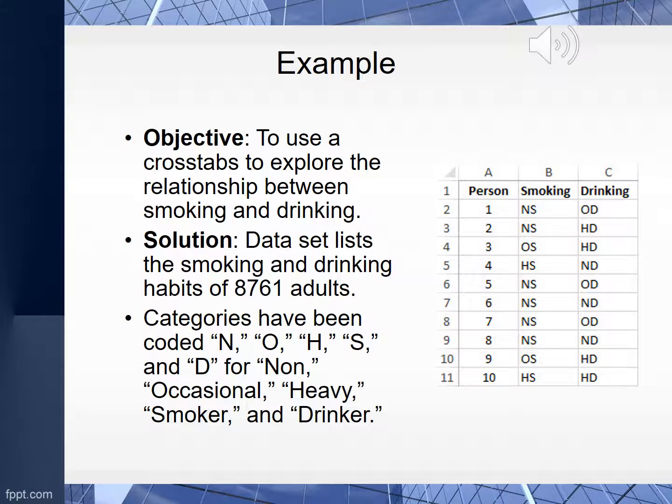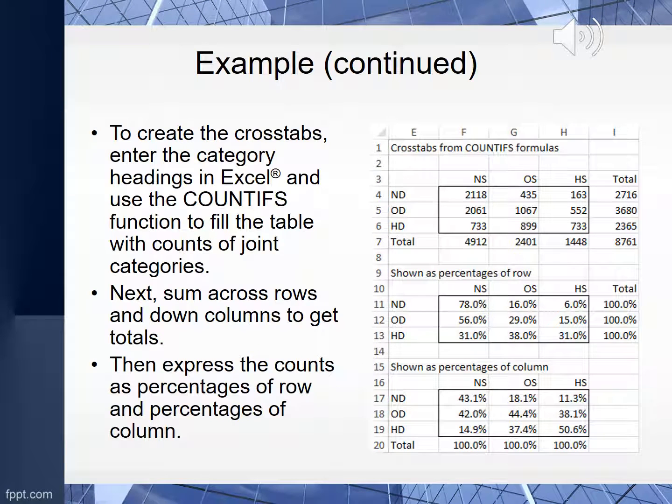Categories have been coded N, O, H, S, and D for non, occasional, heavy, smoker, and drinking. To create the crosstabs, enter the category headings in Excel and use the COUNTIFS function to fill the table with counts of joint categories. Next, you'll sum across rows and down columns to get totals and then express the counts as percentages of rows and percentages of columns.